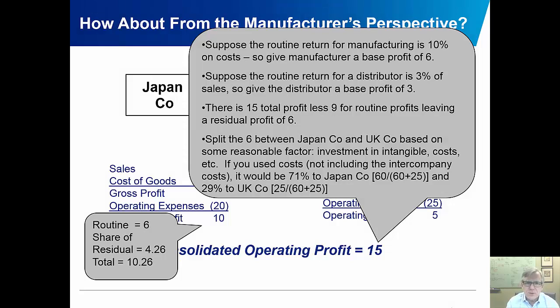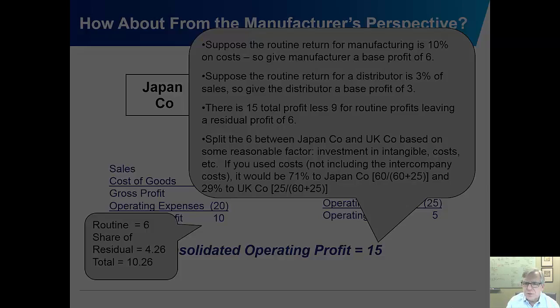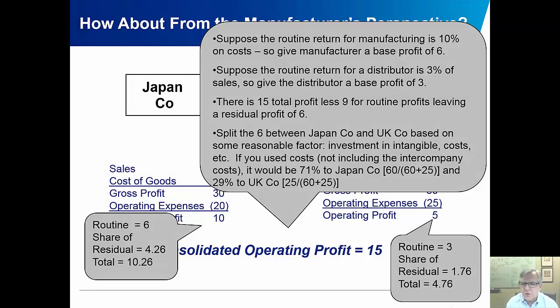So if we think about Japan Co., it's going to start off with the 6, and then it gets a residual profit of 4.26. 4.26 is the 71% times 6, that is residual profit, for a total of 10.26. And similarly with UK Co., we start off with a routine base return of 3.